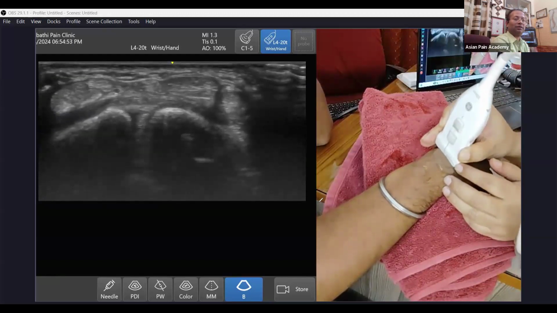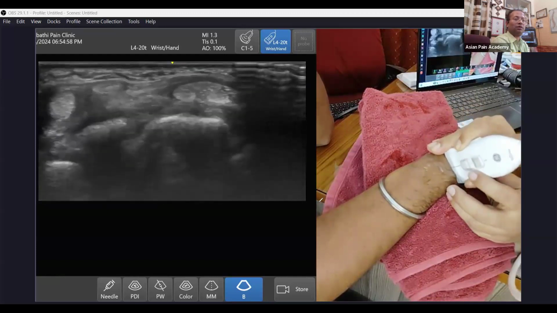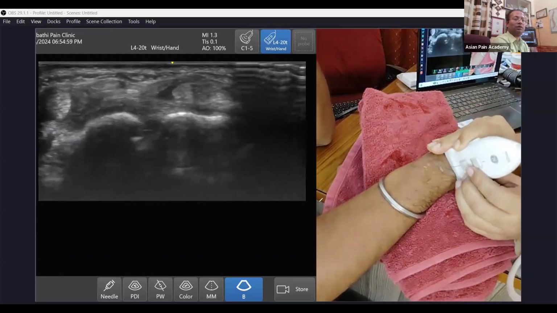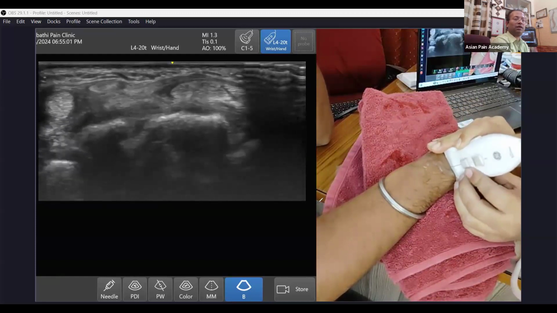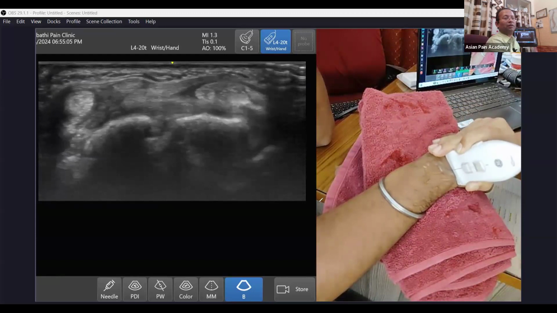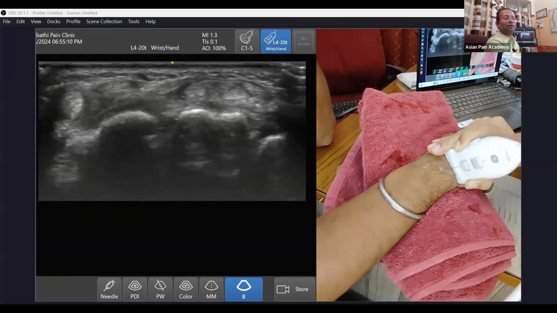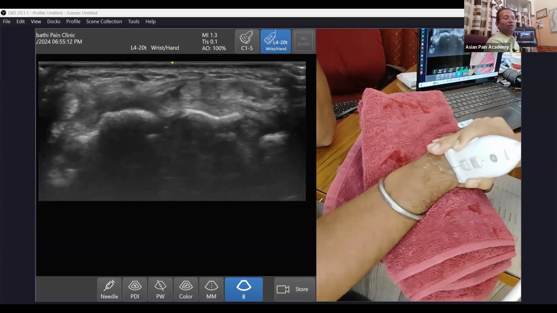Lunate, triquetral. So this is the lunotriquetral area. The ligament is not very clear, but still, this is the lunotriquetral.